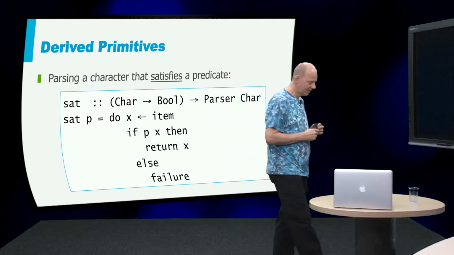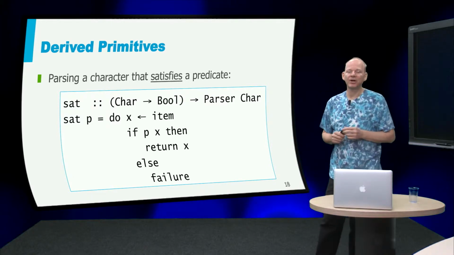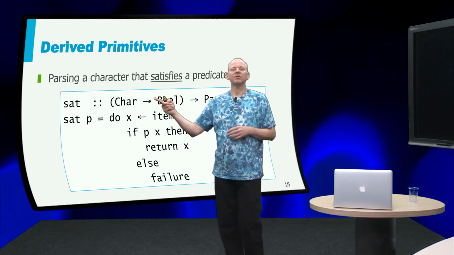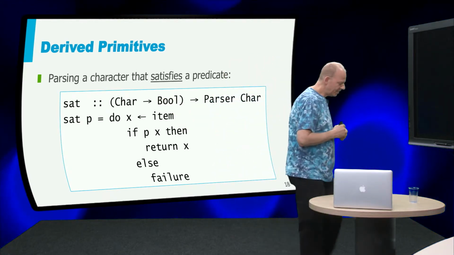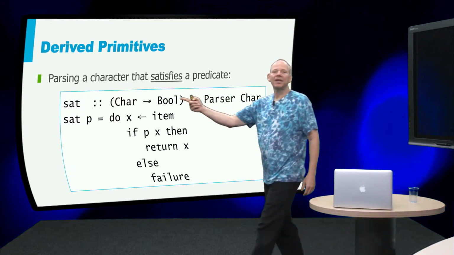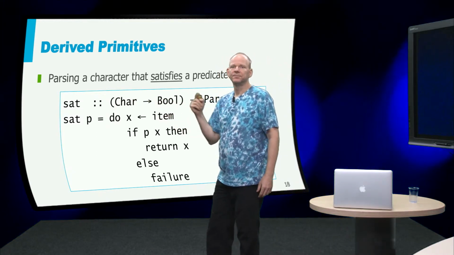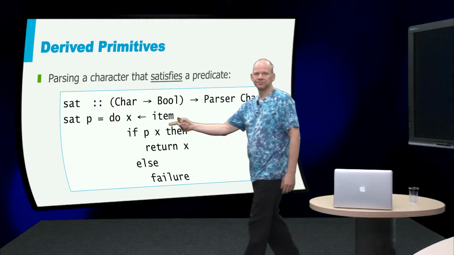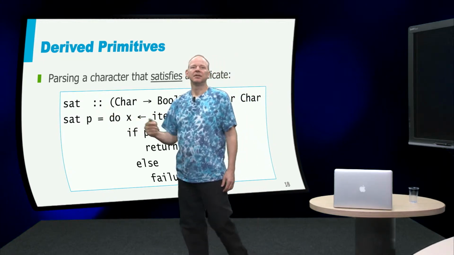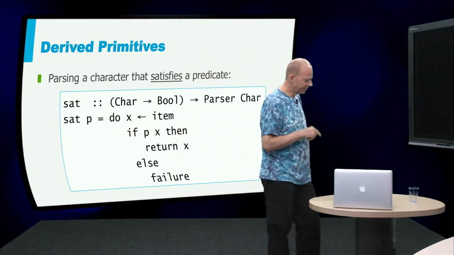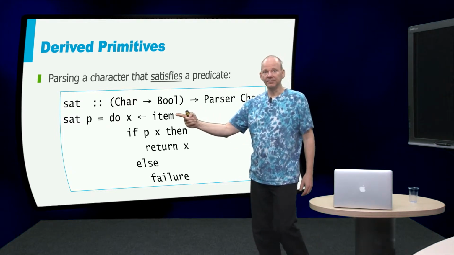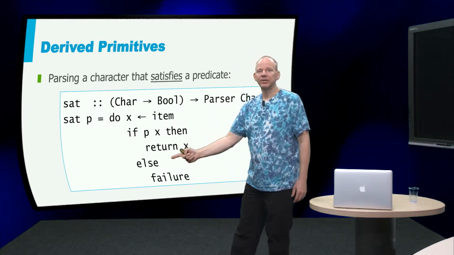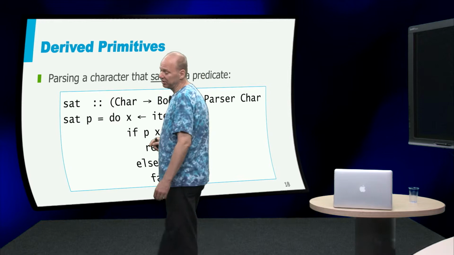And in this case, assuming that we have this parser that can do sequential composition, we're going to write the following function that takes a predicate from character to bool and returns a parser for characters. So here it is. Sat P, so we're looking for a character that satisfies P. We parse an item that will return X. If P holds, then we immediately return X, and we don't change the input.